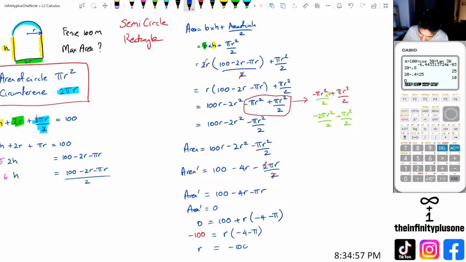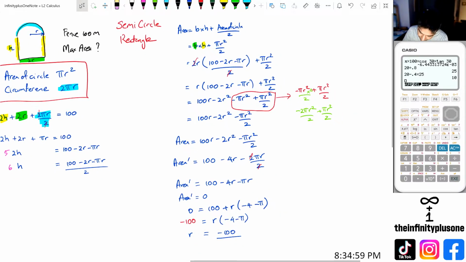And then r is equal to negative 100 divided by negative 4 minus pi. That gives me r of 14.002.